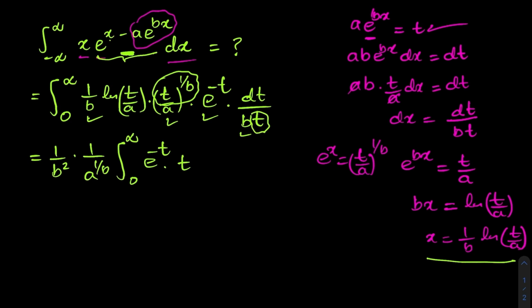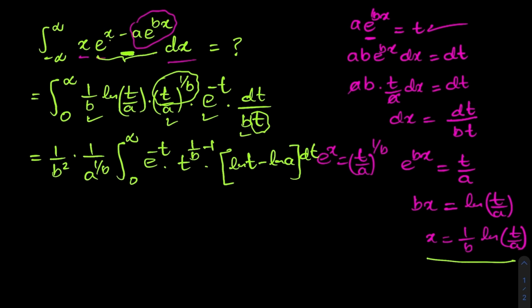So, we know t to the 1 over b minus 1 times now natural log of t over a. According to the property of natural log, we can write natural log of t minus natural log of a. Then here dt.